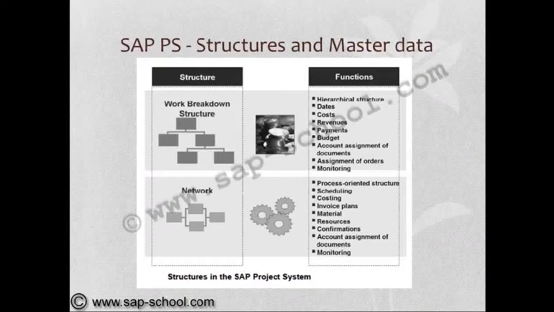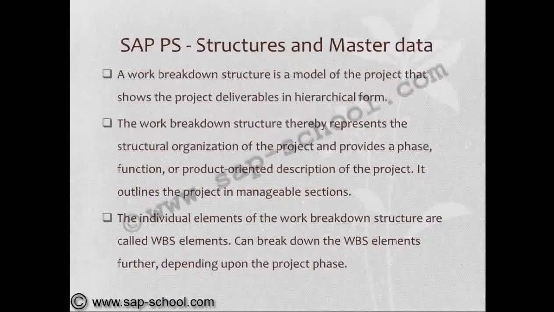Now we can see detailed information on the work breakdown structure. A work breakdown structure is a model of the project that shows the project deliverables in hierarchical form. The work breakdown structure thereby represents the structural organization of the project and provides a phase, function, or product-oriented description of the project.